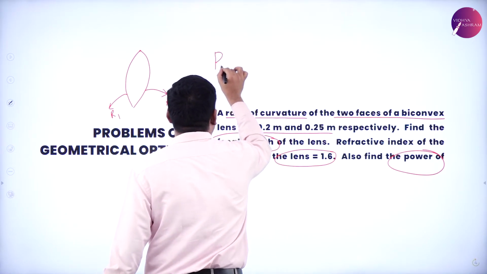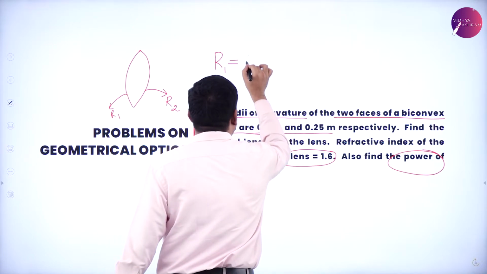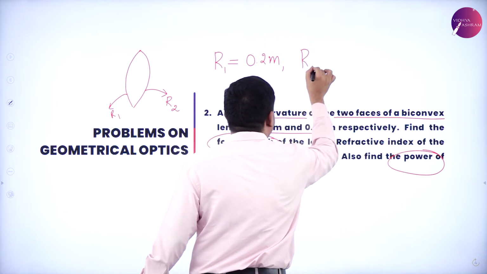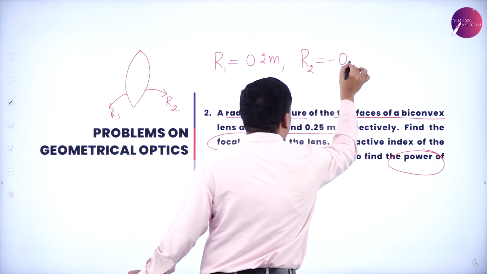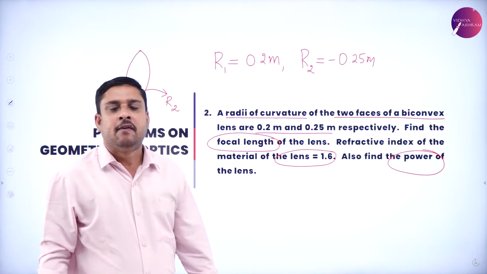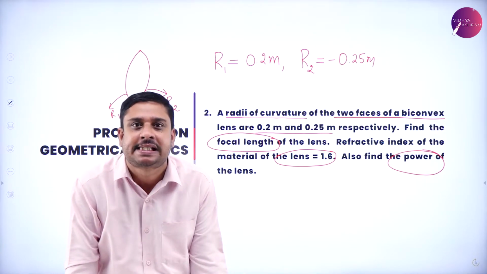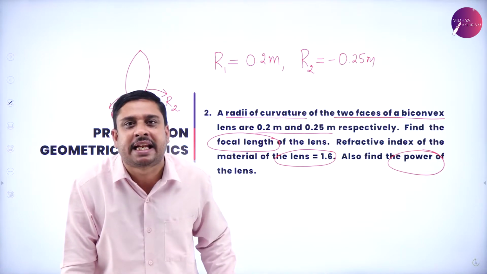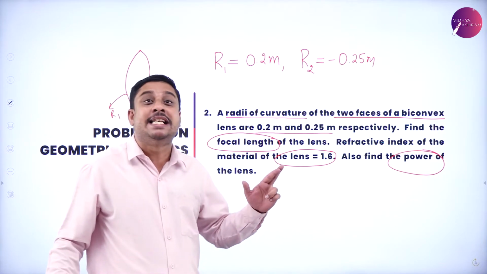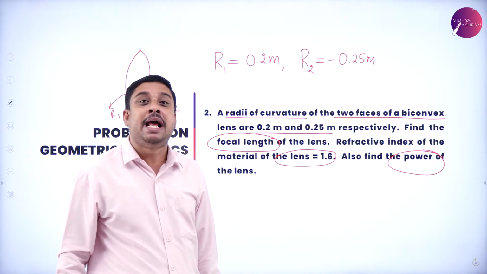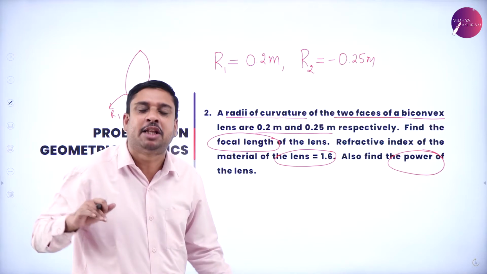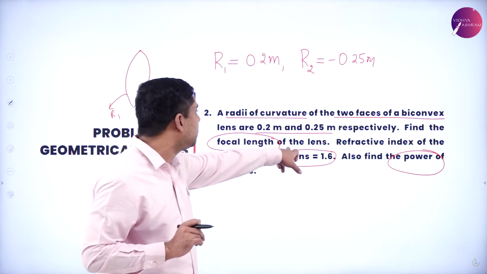Now, so she says R1 is 0.2 meter, and by sign convention R2 is minus 0.25 meter. Wherever you have biconvex, one of the radii of curvature is positive, another one is negative. Plano convex, one is R1, the other one is infinite. Keep this in mind.